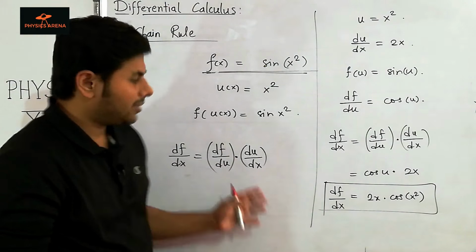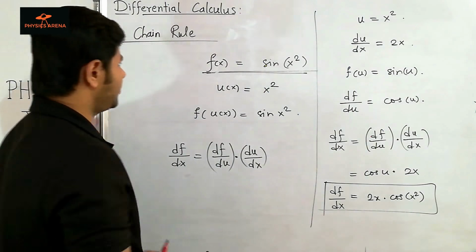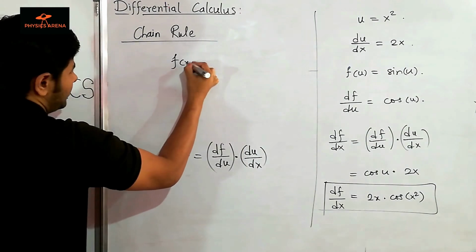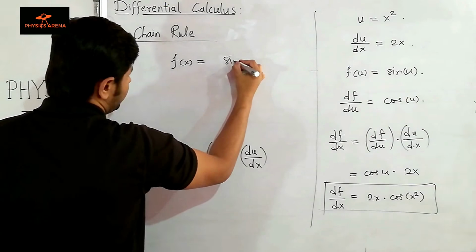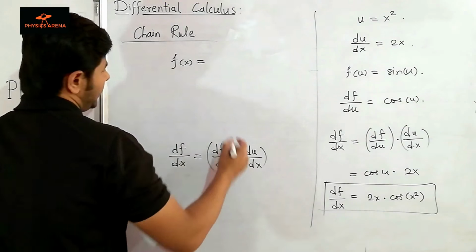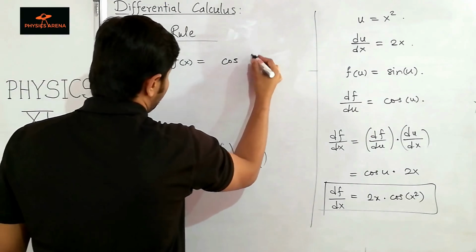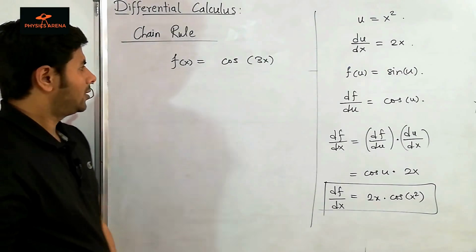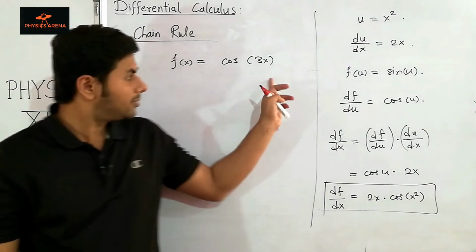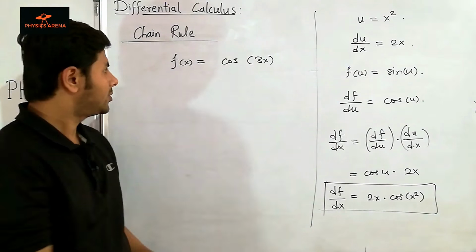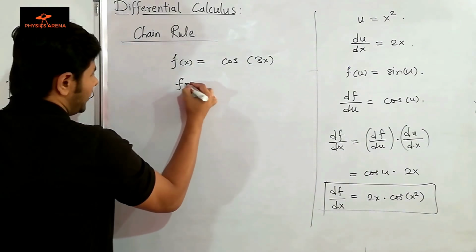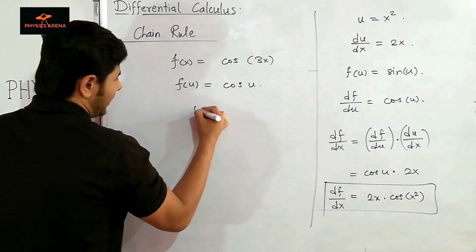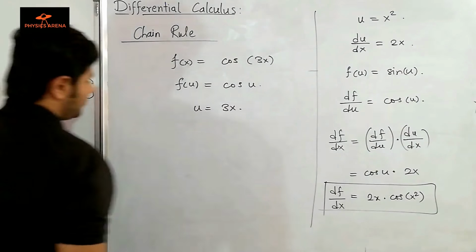So let's take another example for this, and suppose we have to find the derivative of cosine of 3x. Okay, so what is u here? u is 3x. So I can write f of u equals cos of u, and here u is 3x.